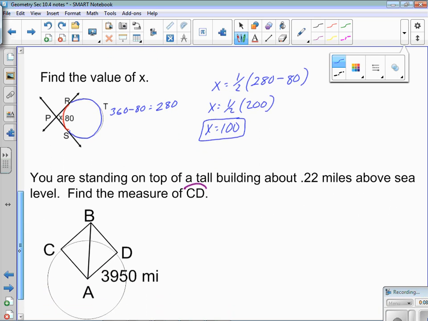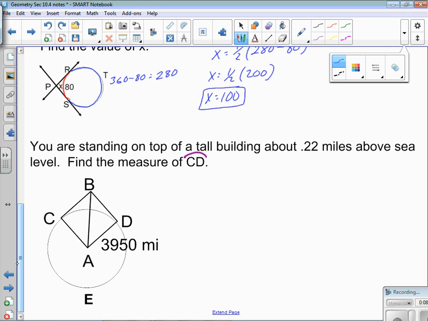All right, so this last one is a little bit more difficult. You're standing on top of a tall building that's about 0.22 miles above sea level, 22 hundredths of a mile. Find the measure of arc CD.